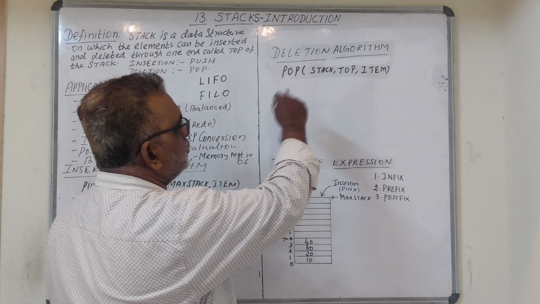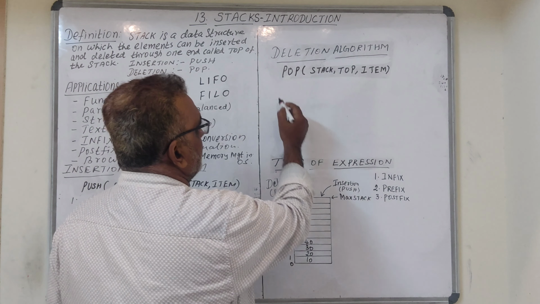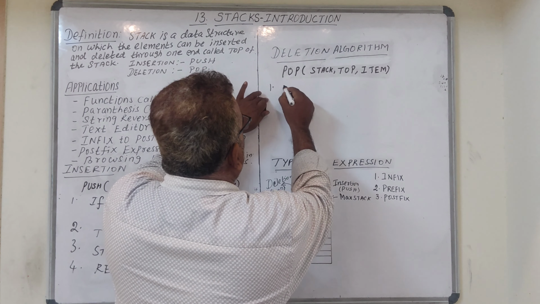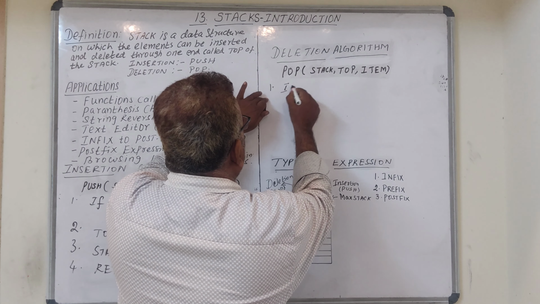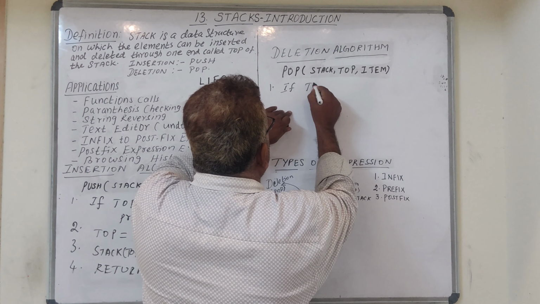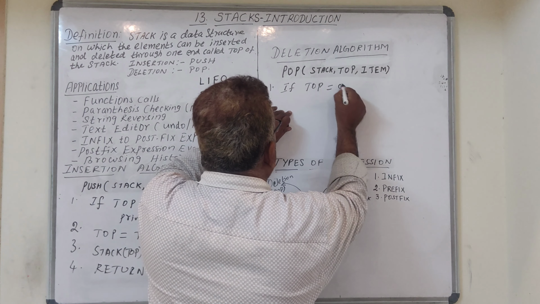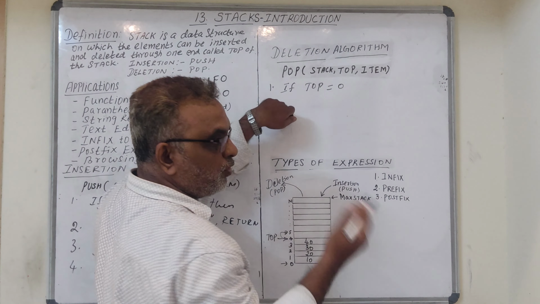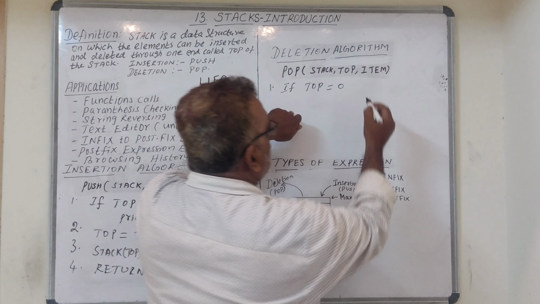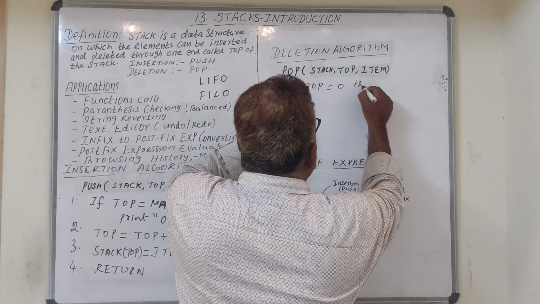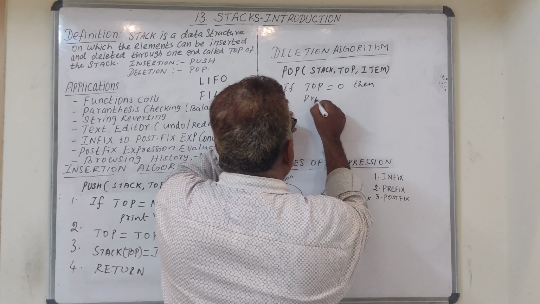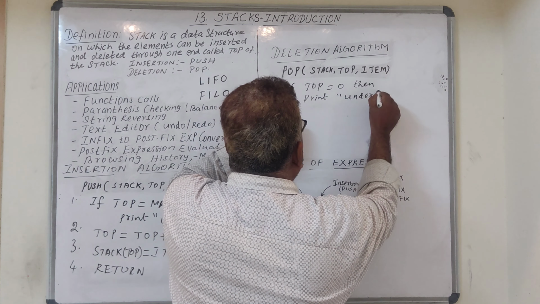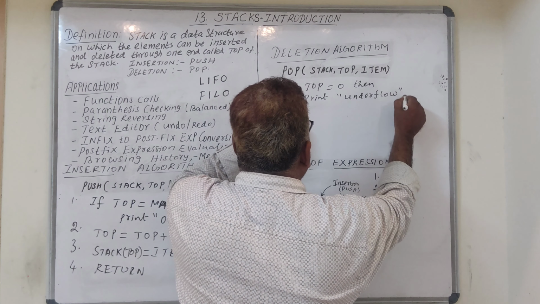Similarly, let us see how to pop an element from the stack, that is deleting an element from the stack. Here also you have to check a condition: if top is equal to 0, that means no element is present in the stack. So you print the message that the stack is underflow, then return.